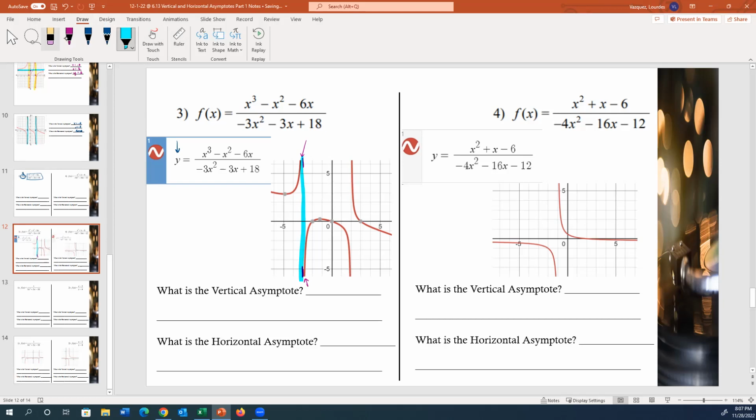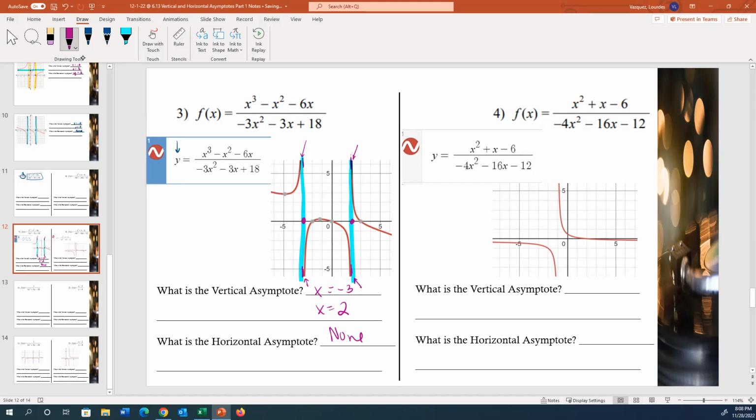We can see that this line here is approaching in here, never quite doing it. This one here is also approaching in here. So that is another vertical asymptote, but there are no horizontal. So this is going to be none here. But this is going to be x is equal to -3 and x is equal to 2.